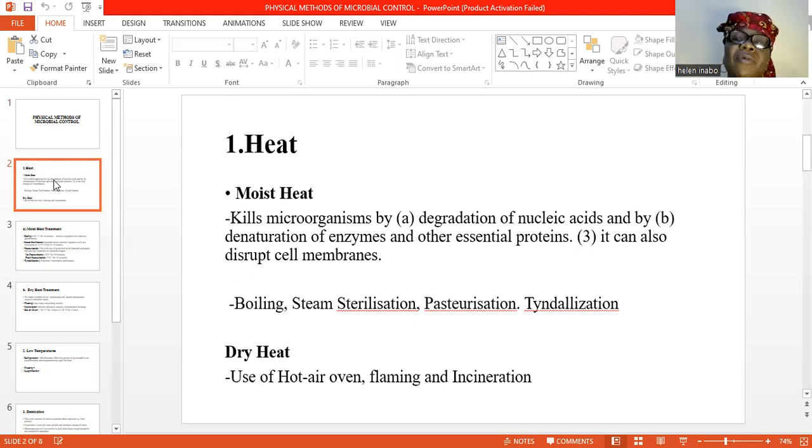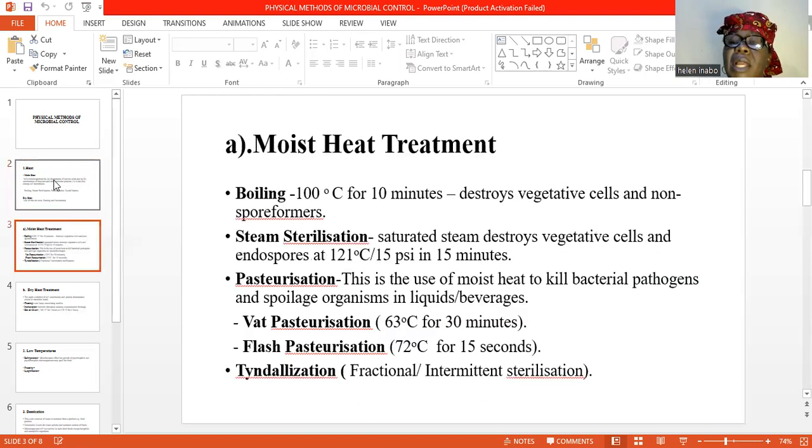The various types of application of moist heat include boiling, steam sterilization, pasteurization, and tyndalization. The second type of heat application is dry heat. This involves flaming, incineration, and use of hot air oven.